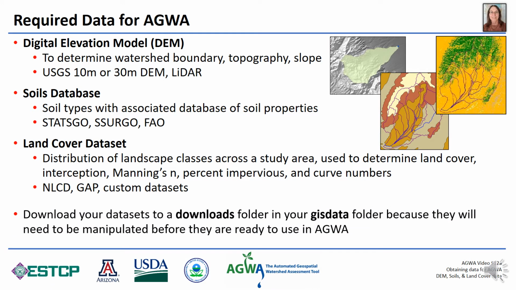It's best to download your dataset to a Downloads folder in your GIS data folder because you'll need to project or clip them before they're ready to use in AGWA. Although ArcMap can project data on the fly, AGWA needs everything in the same projection for the models to run properly. And clipping the data to your project area will reduce processing time, especially if you have a large study area.